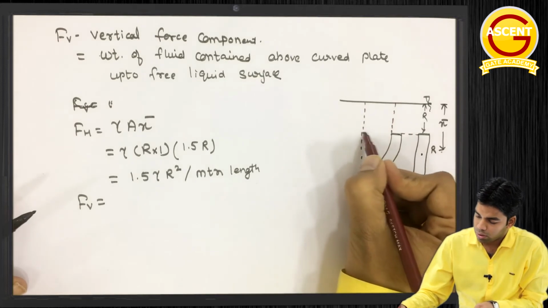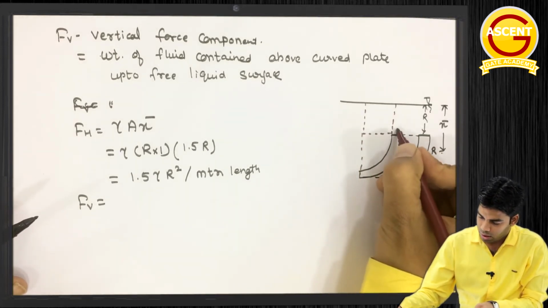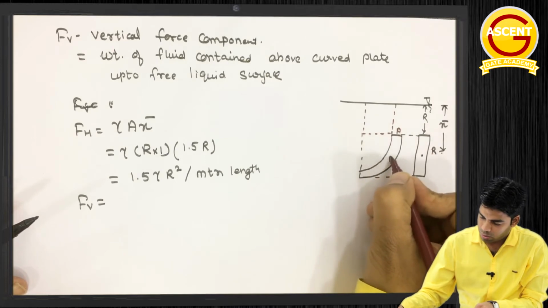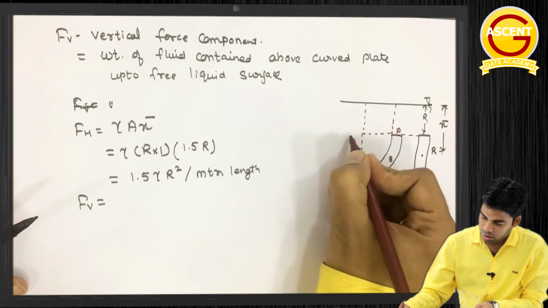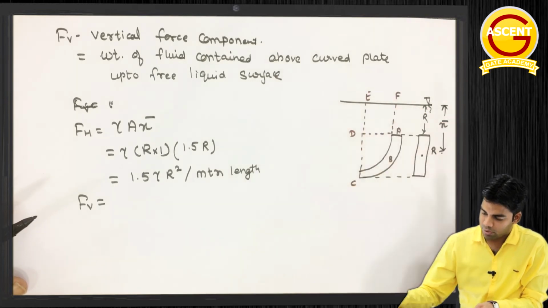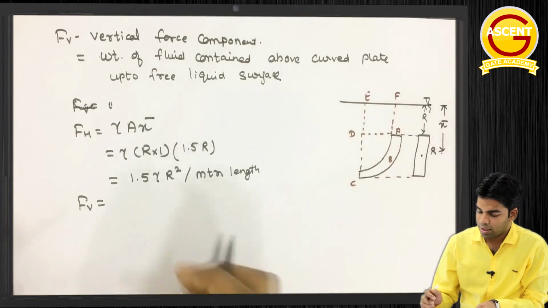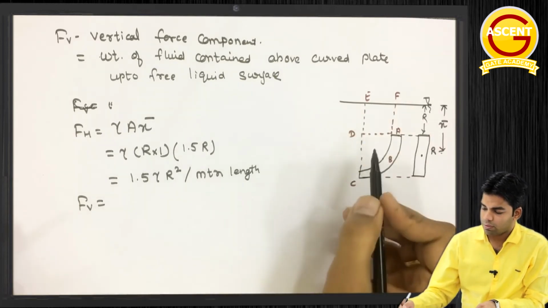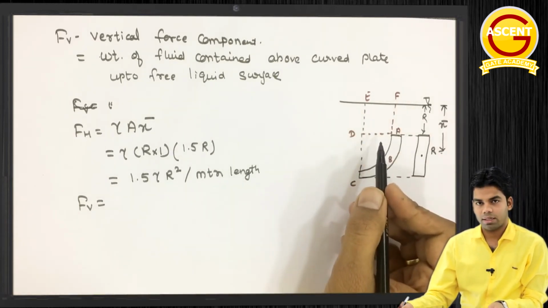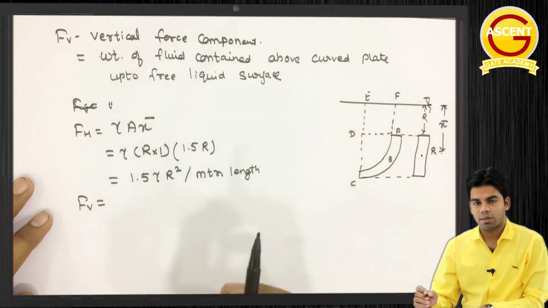Okay, so suppose this is A, this point is B, this is C, this is D, E and F. Getting this or not? Okay, so in order to determine the weight of this ABCDEF, first we will have to determine the area of this ABCDEF, and then we will multiply that area by length, which we are taking as 1 meter.